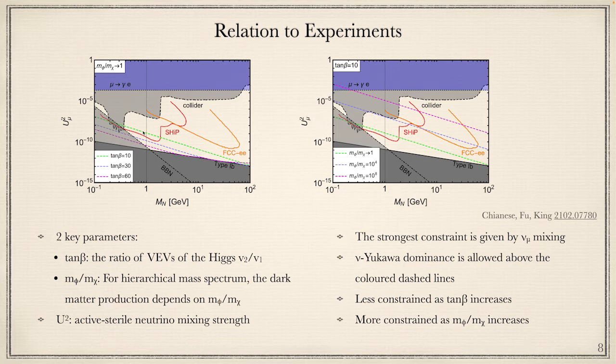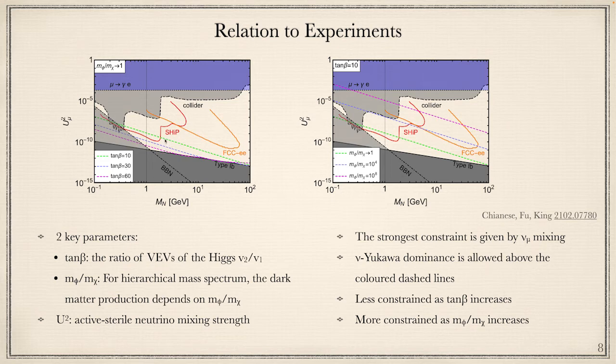In the figures, you can find some colored dashed lines. Above these lines, neutrino Yukawa dominance is allowed, while below these lines, neutrino Yukawa dominance is completely excluded for the corresponding condition. In the figure on the left, we fix the mass ratio of dark particles to be 1, while we change tan beta from 10 to 30 to 60.